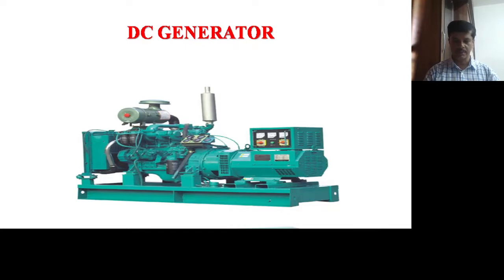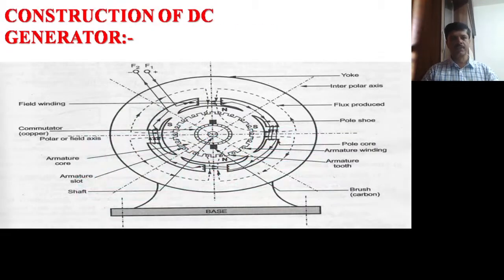Today, we are going to discuss the constructional details of a DC generator. This schematic diagram shows the various parts of a DC generator. The outer portion is the yoke and the bottom portion is the base, and a lifting eye is provided in order to make the transportation of the machine from one place to another easier.